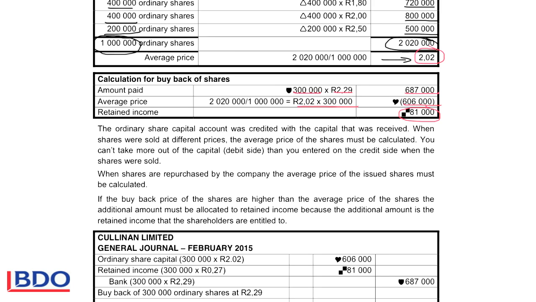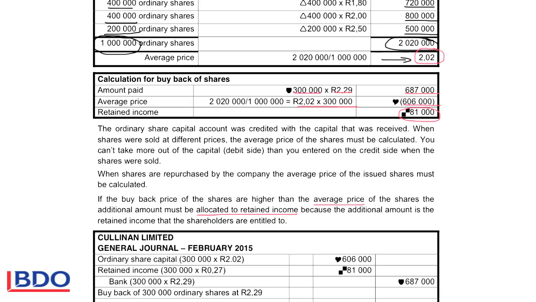If the buyback of shares is higher than the average price of the shares, the additional amount must be allocated to retained income. Because the additional amount is the retained income that the shareholders are entitled to, because in previous years some of the profit was kept back in the business and was recorded as retained income, but actually that retained income belongs to the shareholders. So they're entitled to get their share of the retained income.